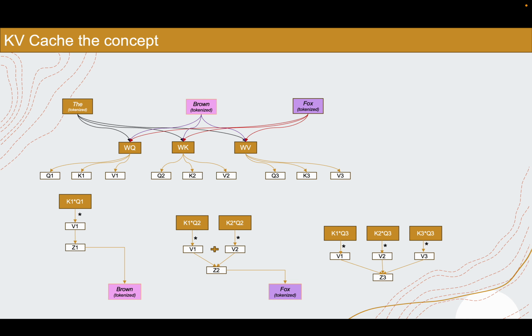I multiply by the value vector and create the contextual representation of this token. Then it goes through the rest of the transformer architecture, the feed forward, normalization and the final sigmoid, to get the next token.